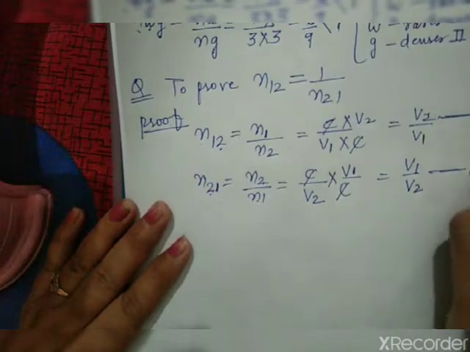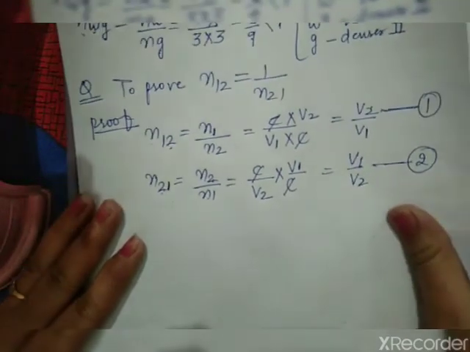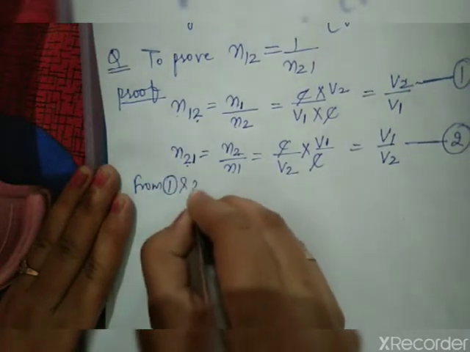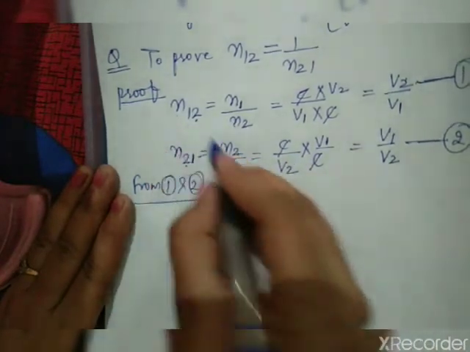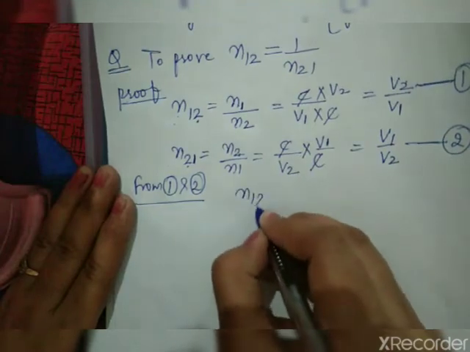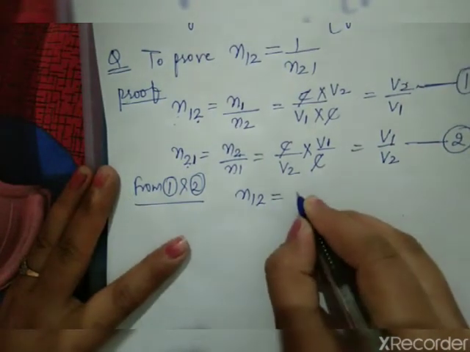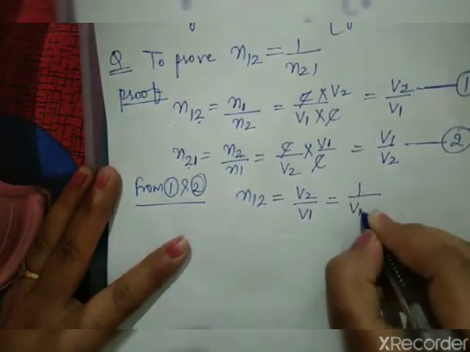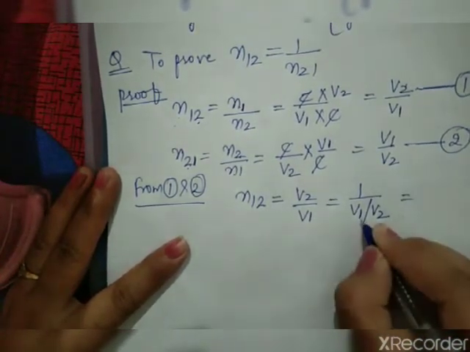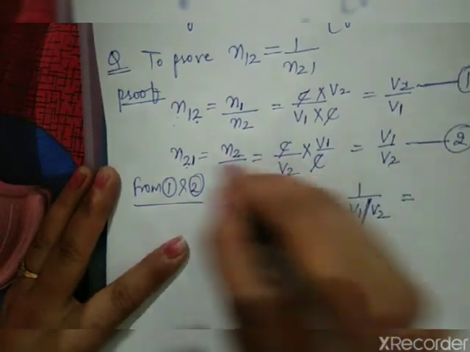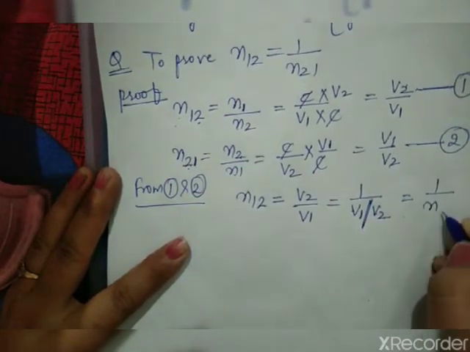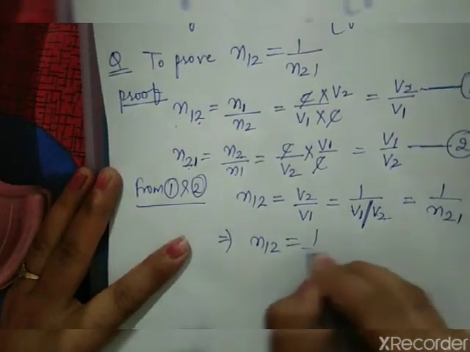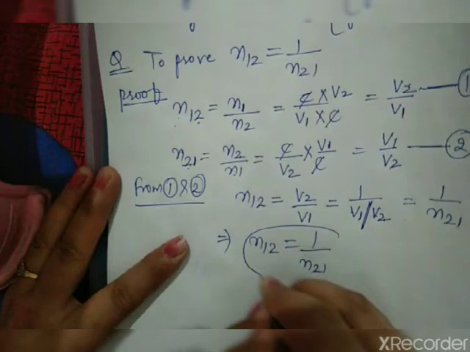From 1 and 2, it's clear that N12 is equal to V2 by V1. I can put it like 1 by V1 by V2. But V1 upon V2 is N21. So it implies N12 is equal to 1 upon N21.